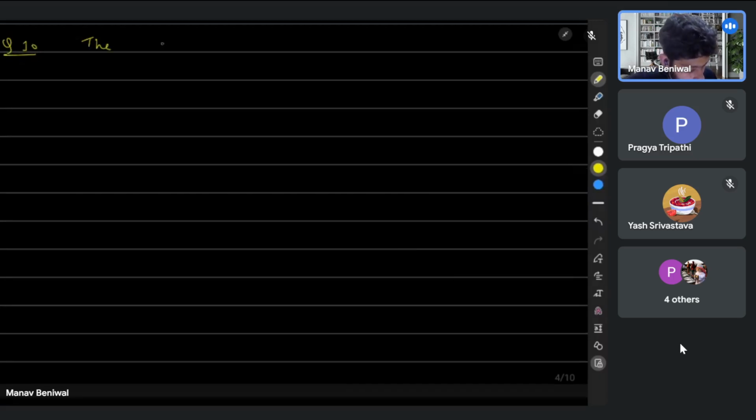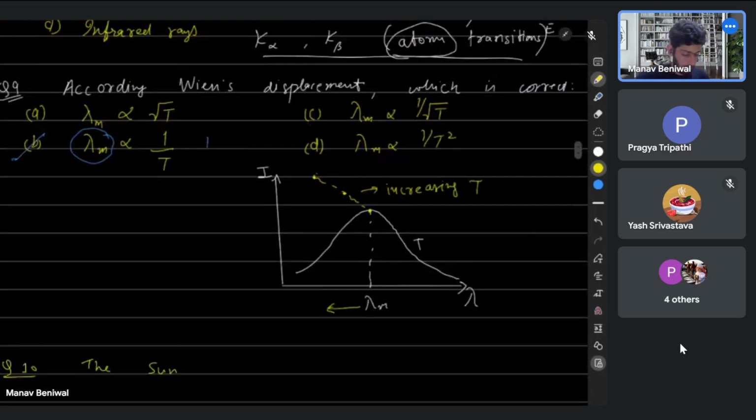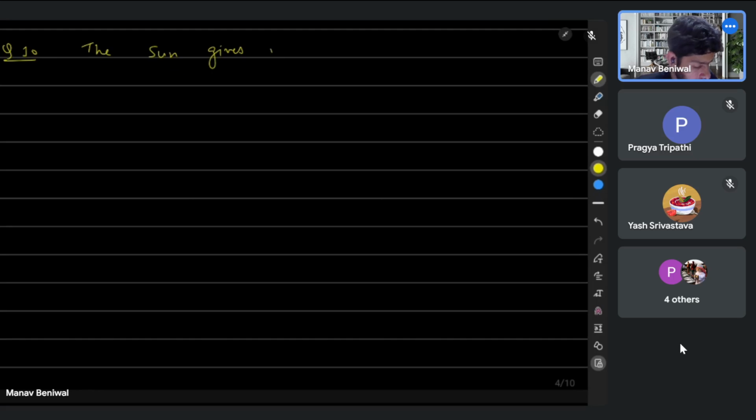So the problem is: the sun gives maximum emission at 5500 angstroms. So this is the wavelength at which the intensity is maximum.